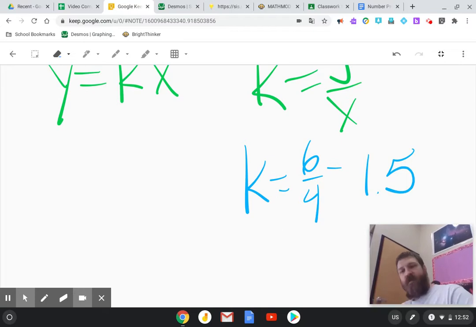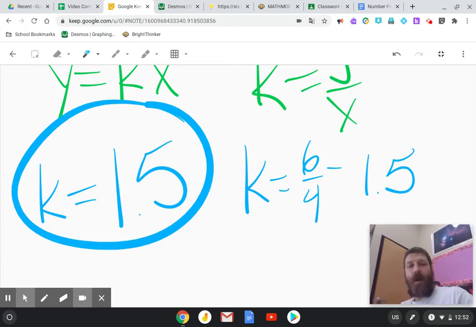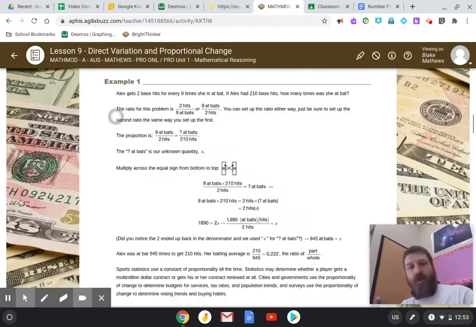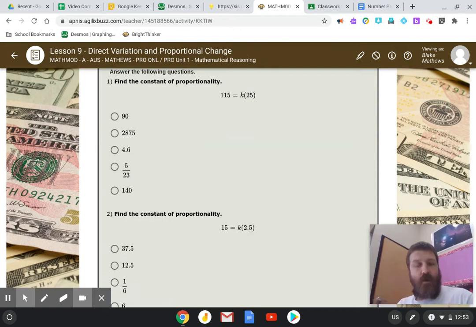So this is this k value, and the k value is basically telling you that that's the number you can multiply by to get from one part of the relationship to the other. So in this lesson, they're going to basically be giving you values that are in a proportional relationship and having you find k.